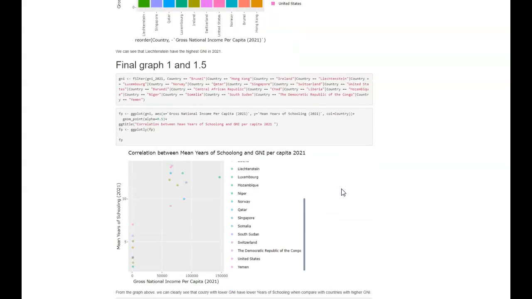So for my final graph, I want to take a look at the correlation between mean years of schooling and GNI per capita for the top 10 countries with the highest and lowest GNI. We can see here that countries with lower GNI have much lower years of schooling when compared with countries with higher GNI.